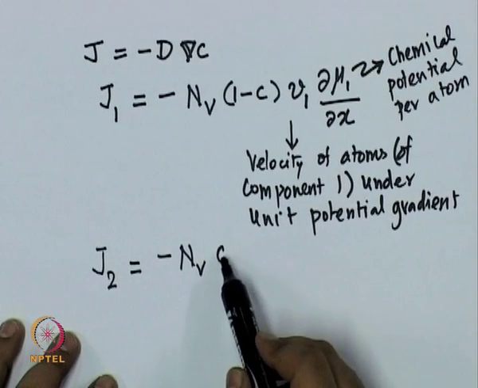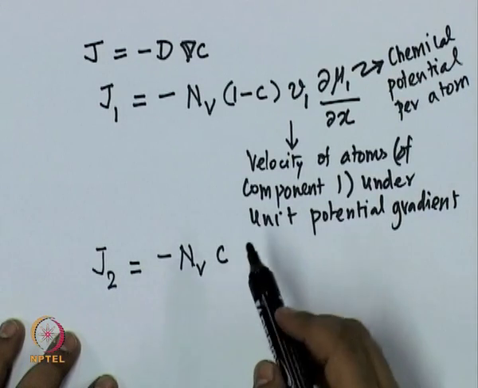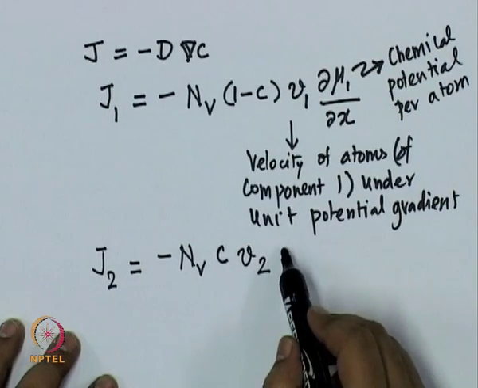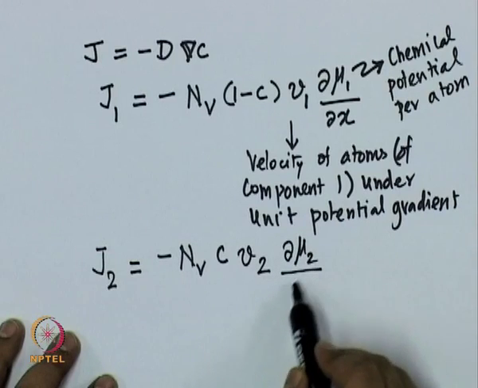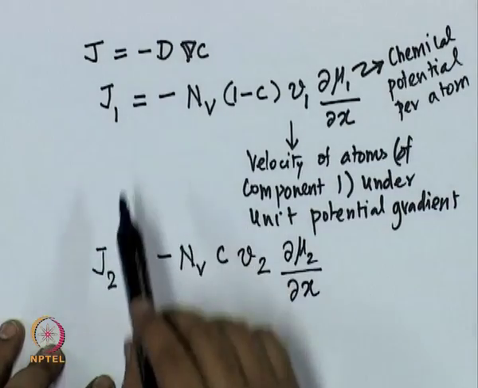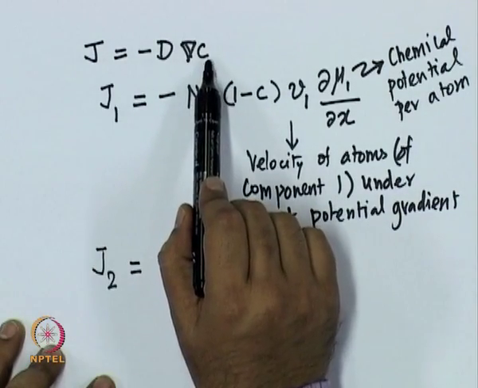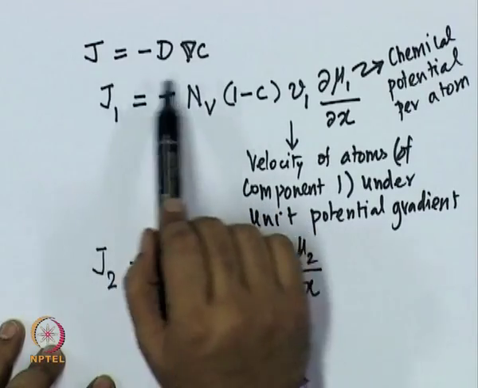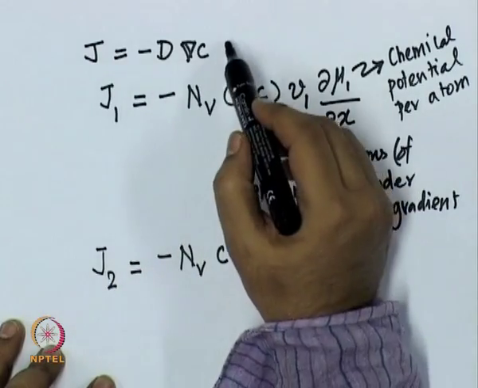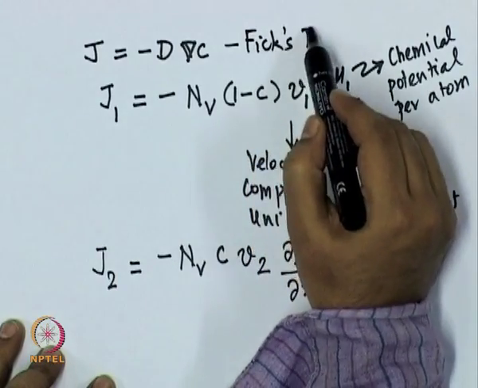So, composition C is always representing the fraction of B atoms. That is why it is C, times V2 times dou mu 2 by dou x. So, these are the fluxes. Remember, here also it is actually J2, and when we say C, that is basically corresponding to the B atoms.